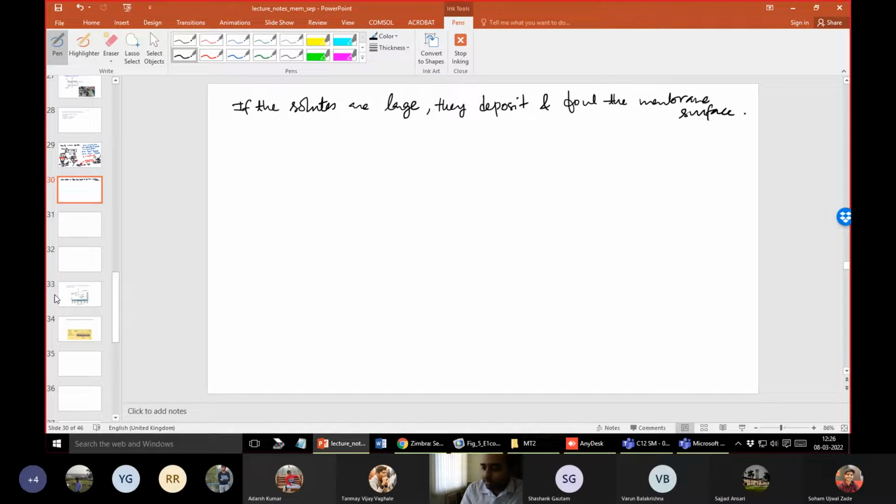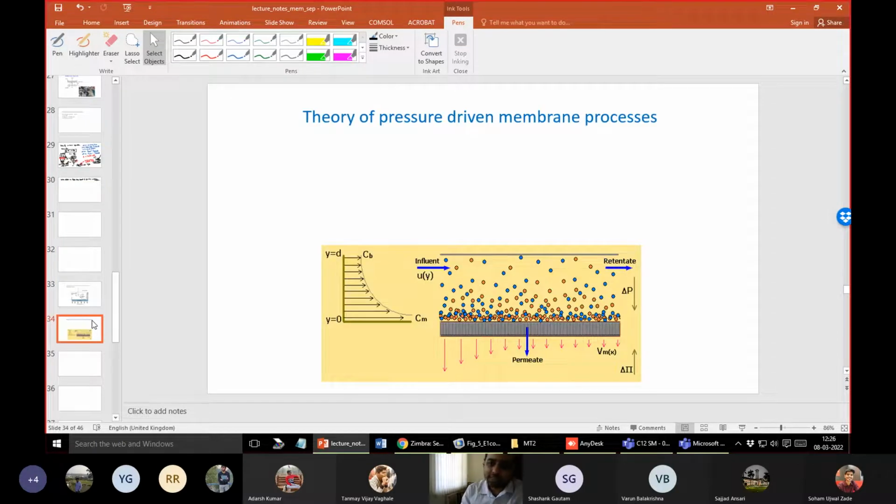Just to give you a small picture, you see that the solutes tend to get deposited over the membrane surface if they are significantly larger than the pore size of the membrane, right? And they will form a gel over the membrane surface.